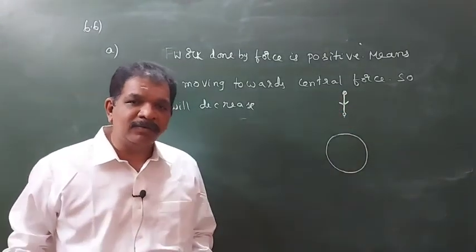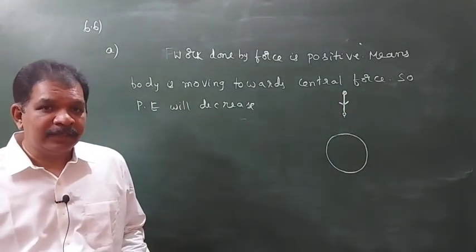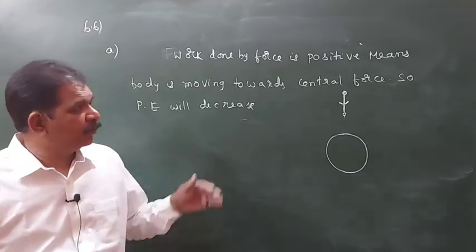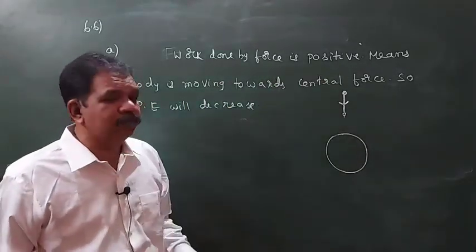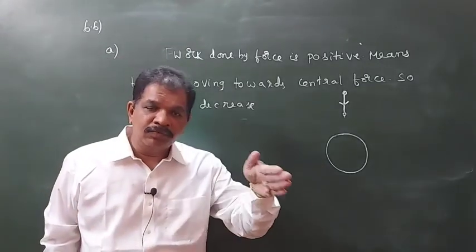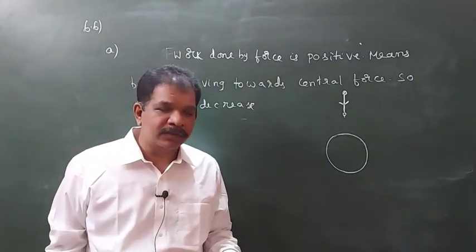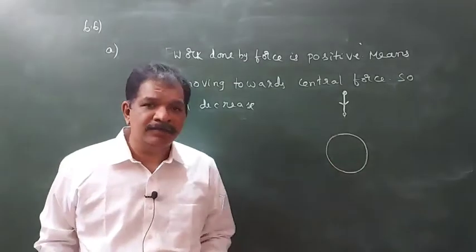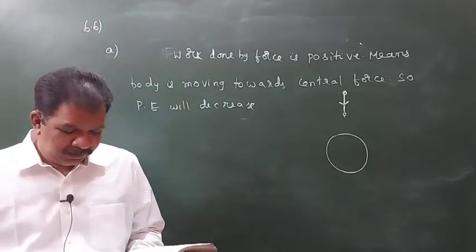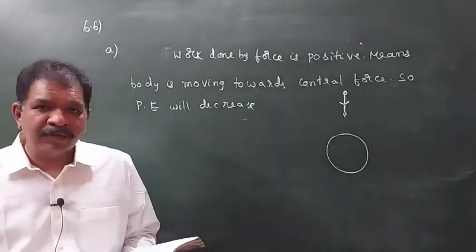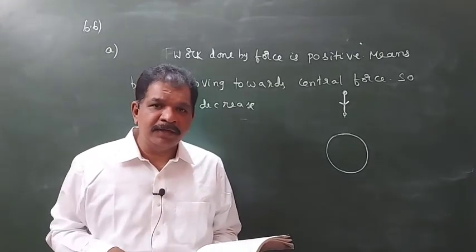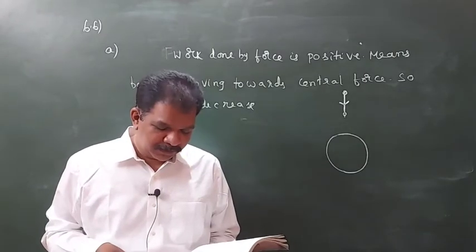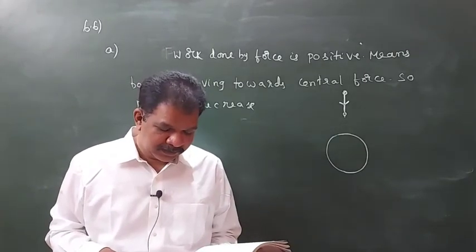So what happened to the potential energy? Decreases. So work done by the conservative force is positive means the body is moving towards the central force, means potential energy will decrease. Increases, decreases, remains unaltered. In this, one option will be correct. Find the correct option, means decreases.